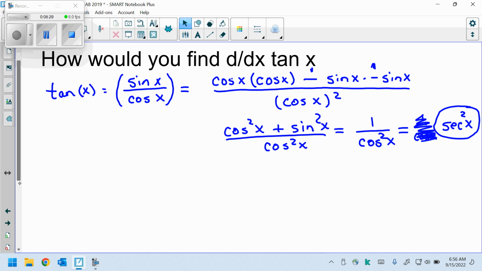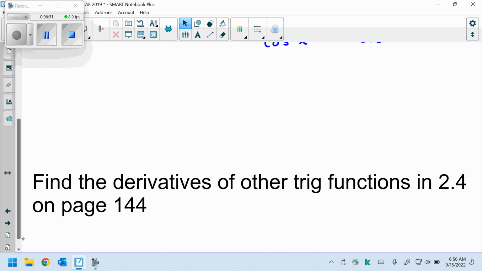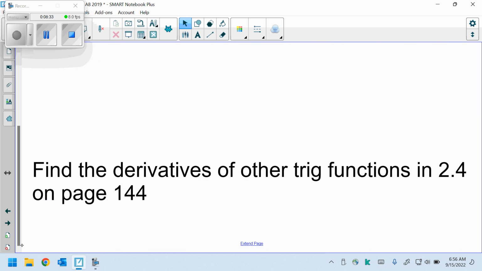Now there is a table, page 144, of derivatives of trig functions. The one other one you need to know, besides sine, cosine, tangent, is that the derivative of the secant of x is equal to the secant of x times the tangent of x.